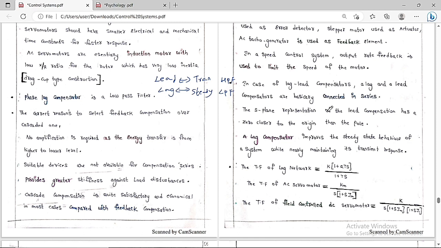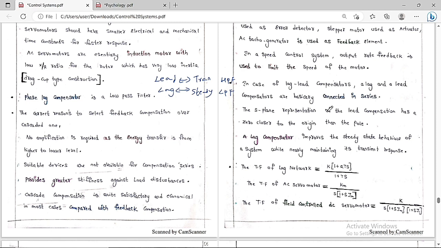Whenever you combine the lag compensator and lead compensator in series, overall you get the lag lead compensator. So finally, a lag and a lead compensator are connected in series.